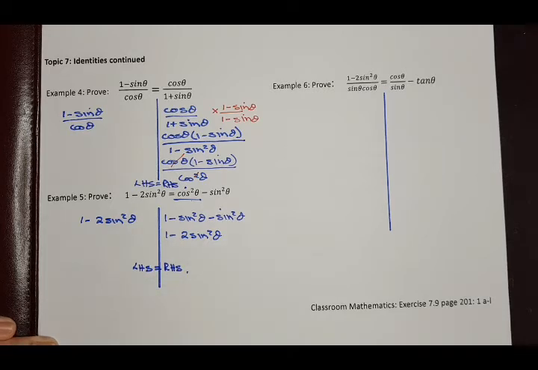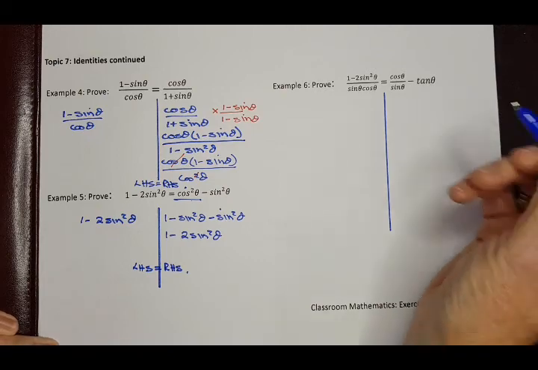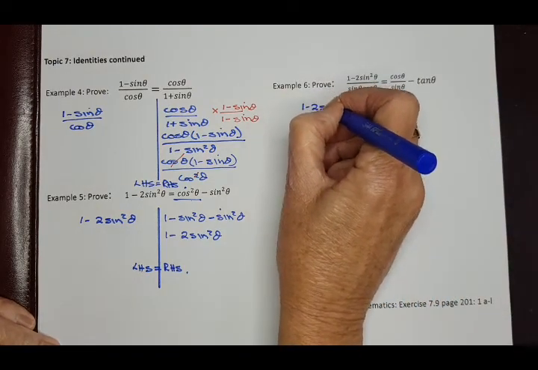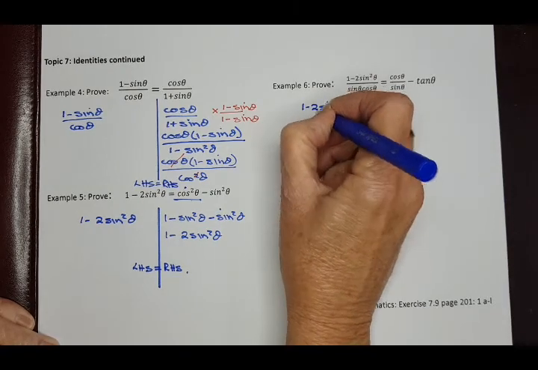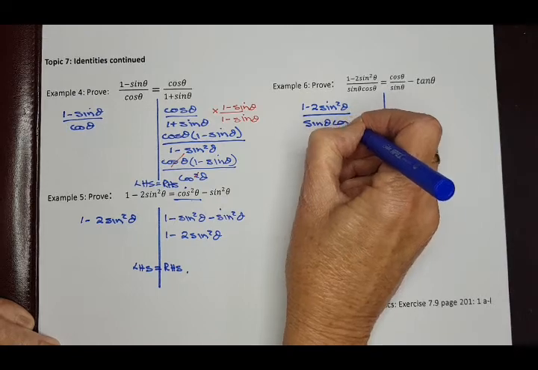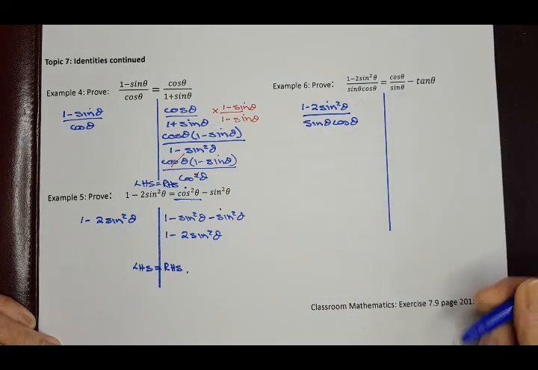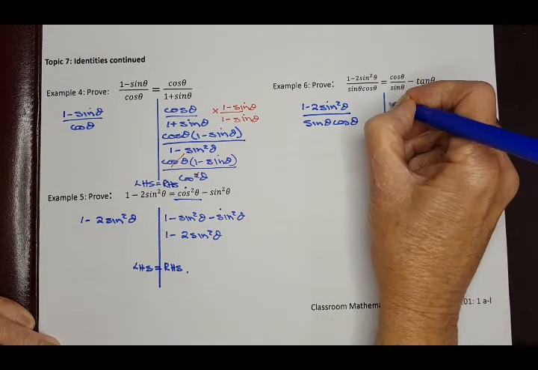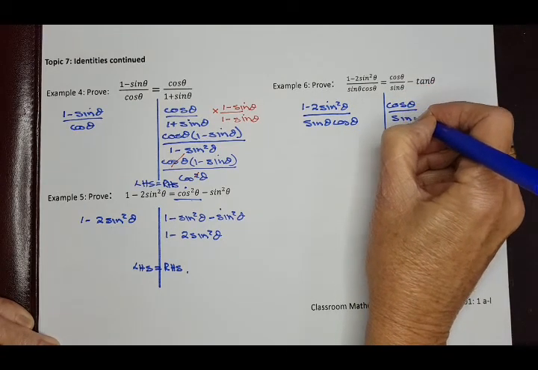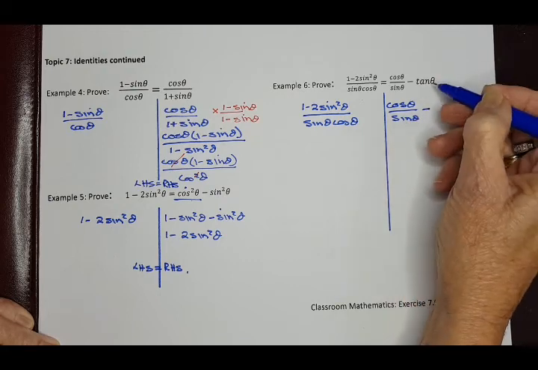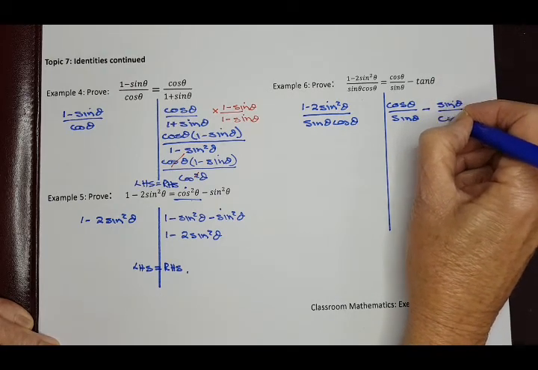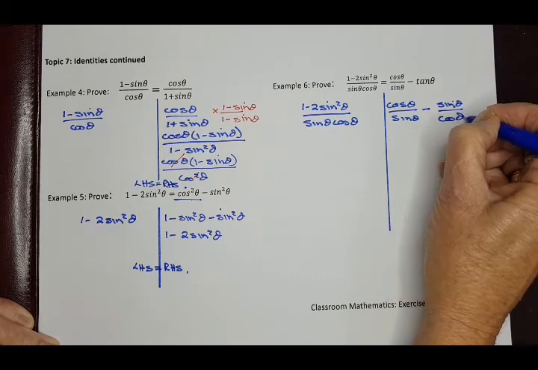Now let's put all that together into another example. On my left-hand side here, I have 1 minus 2 sine squared theta all over sine theta cos theta. On my right-hand side, cos theta over sine theta minus tan, which is replaced with sine theta over cos theta.